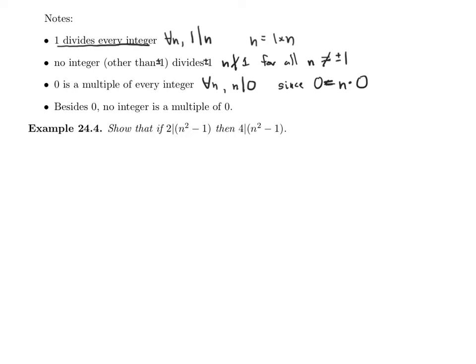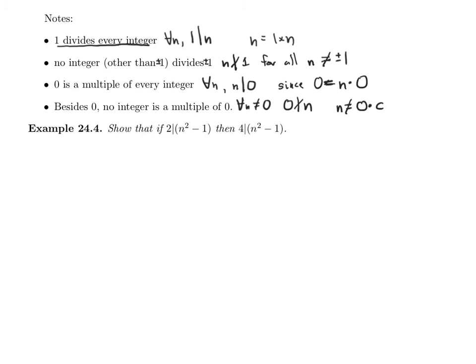But besides 0, so for all n not equal to 0, 0 isn't a factor of n. Since we can't write n as 0 times c for any c, unless n is 0.